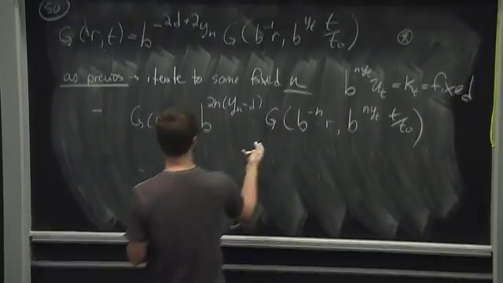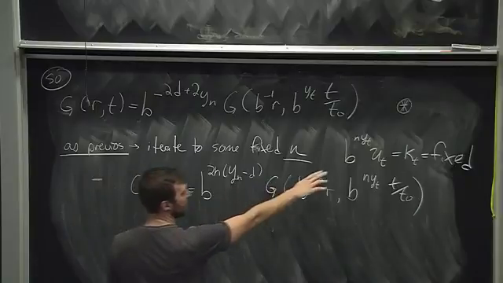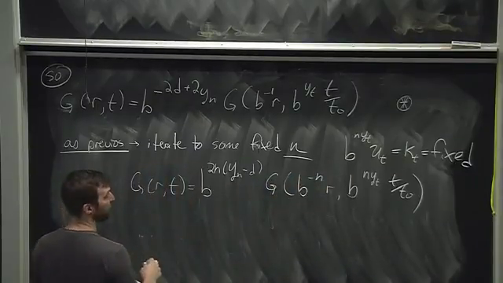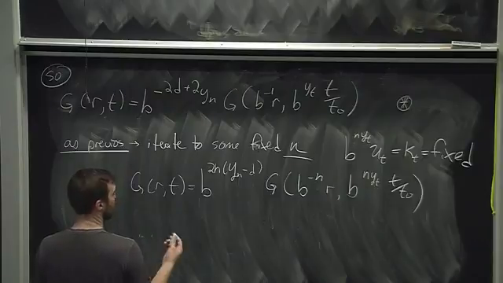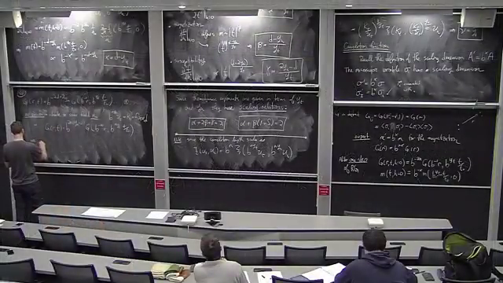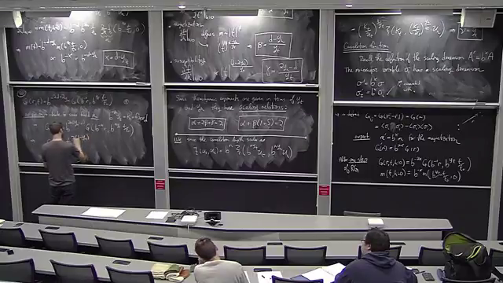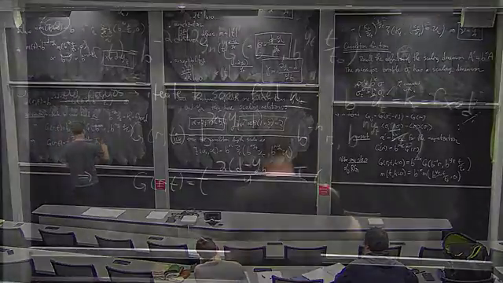Okay, so I substitute in b to the n for this fixed K, and you should get, after one step, I'll just write some general scaling function.